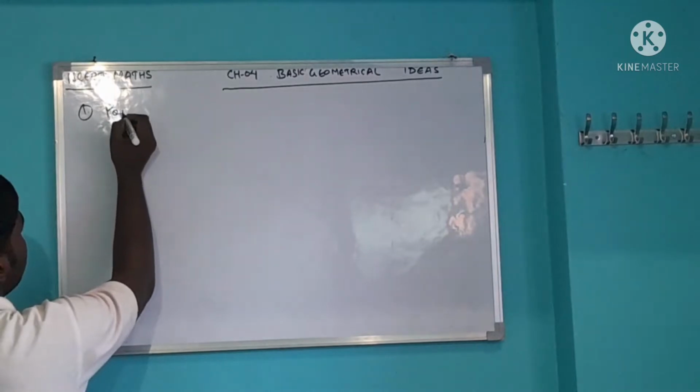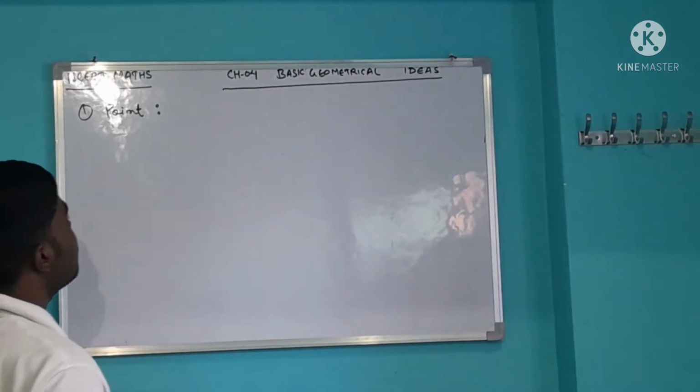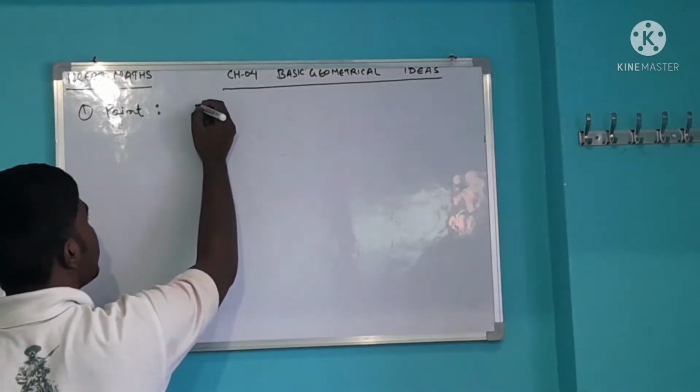First topic is point. A point is a marking, represented as a dot.